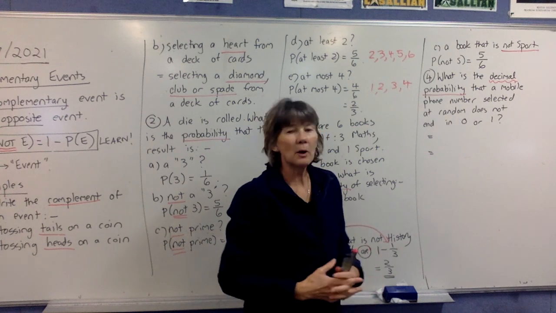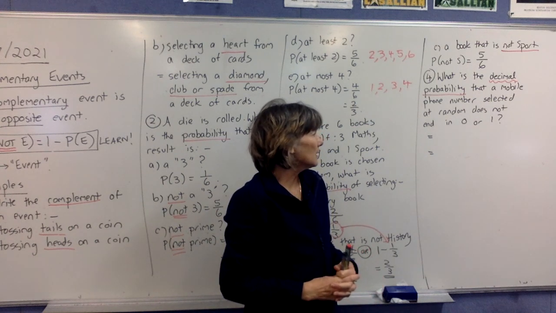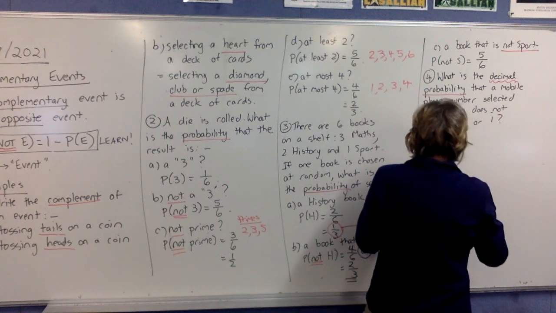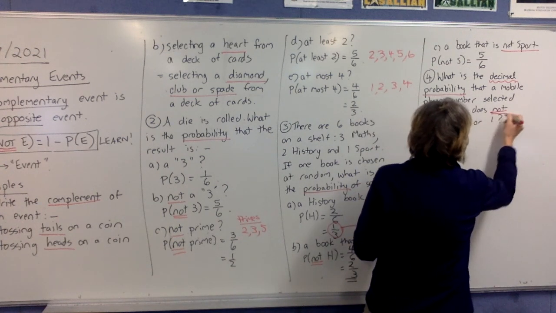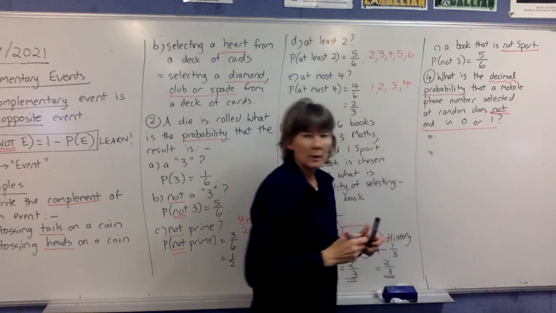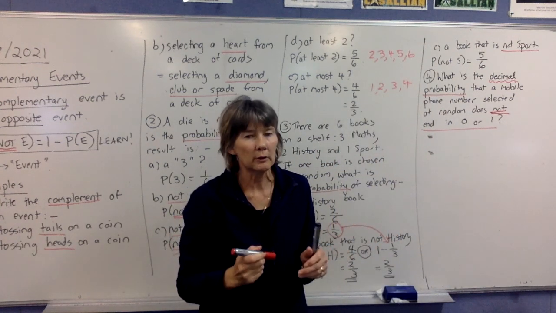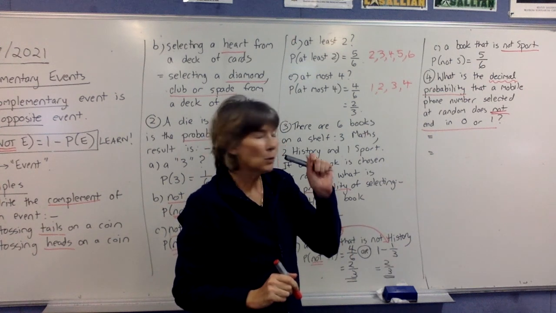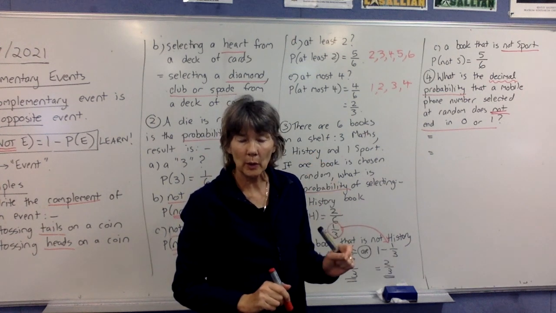Now we're looking at the mobile phone number, does not end in 0 or 1. So we're only looking at that 1 digit. Okay, don't worry about the rest of the phone number. So just looking at that 1 digit, we want something that's not a 0 and not a 1.